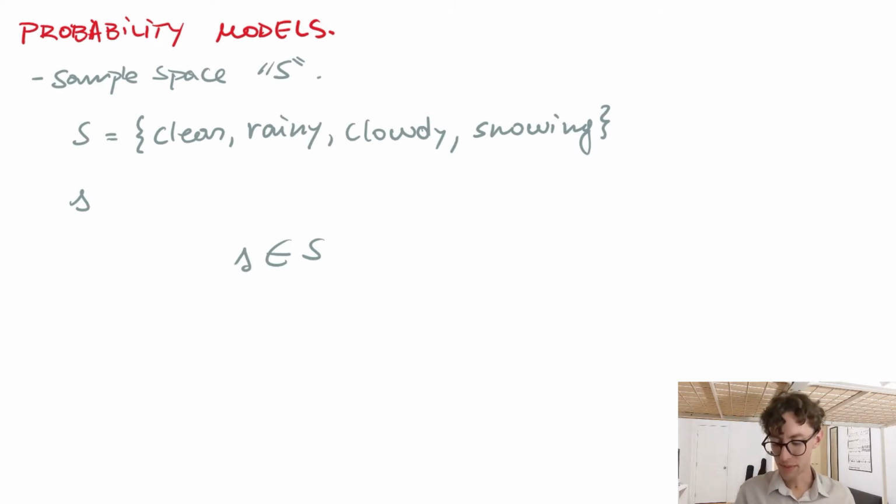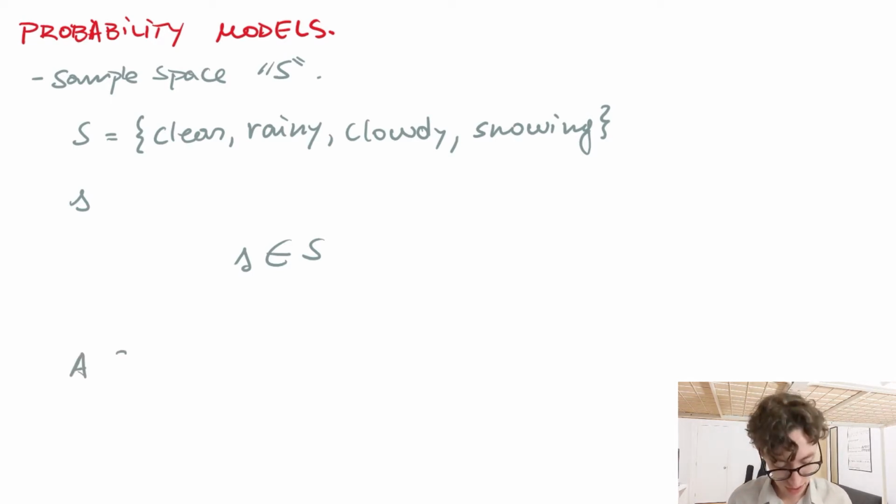The probability model also requires a collection of events, subsets of S. So let's say our S is clear or rainy or snowy or cloudy, then the events could be, for example, raining. It could be rain or snow, etc. So let's write an event A, for example.